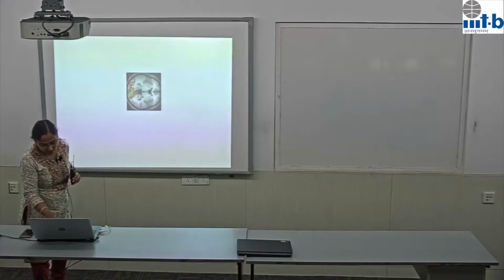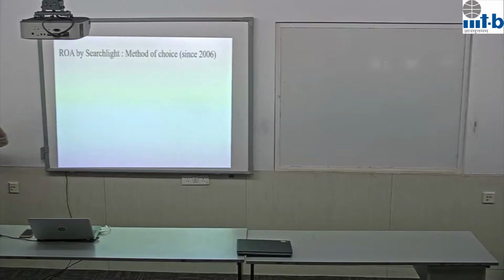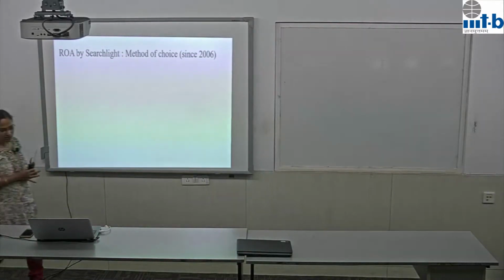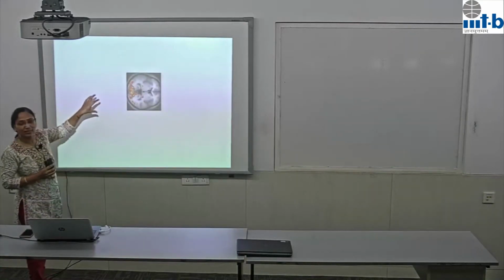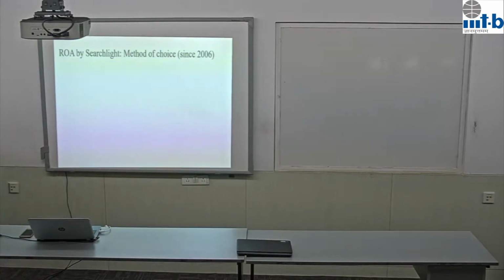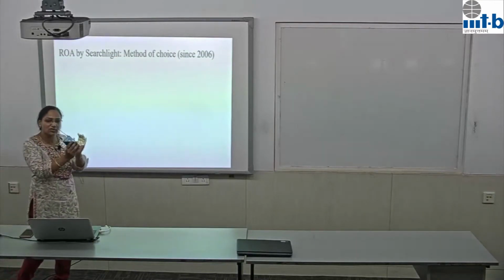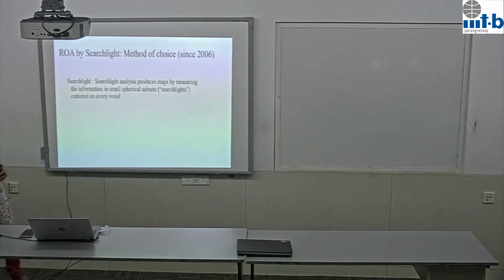And slowly, when the field changed, they came up with what is known as finding regions of activation by Searchlight. It's been around since 2006. What they do here is look at a small region of the entire volume within which they analyze. So you don't look at each voxel separately, you look at a bunch of voxels together. What was the advantage?